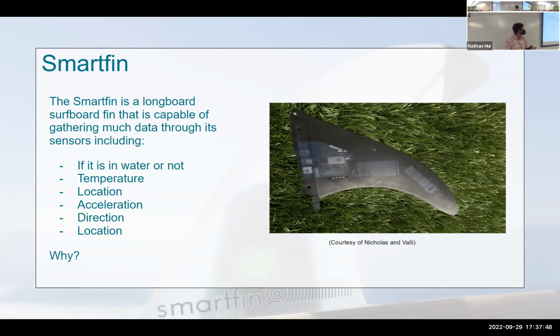So why do we need this? Well, the majority of oceanic data right now that scientists use to study climate change patterns comes from buoys, which are miles offshore. There's one on Scripps Pier, which is about a mile into the water, and there's only a handful of these that actually collect oceanographic data.